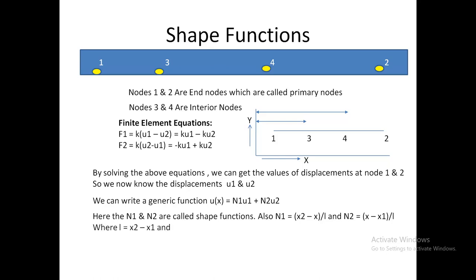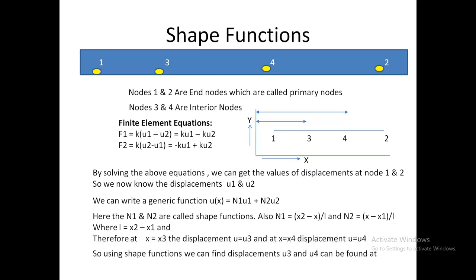L is nothing but the distance between the primary nodes, that is, L is equal to x2 minus x1. So from these three statements, N1 is equal to (x2 minus x) by L, N2 is equal to (x minus x1) by L, and L is equal to x2 minus x1, at any given point x we can find the displacement.